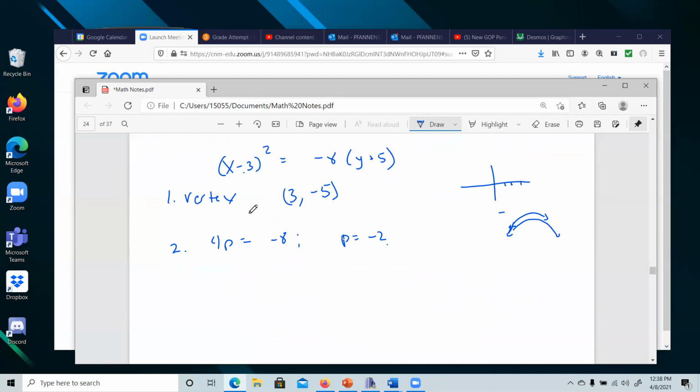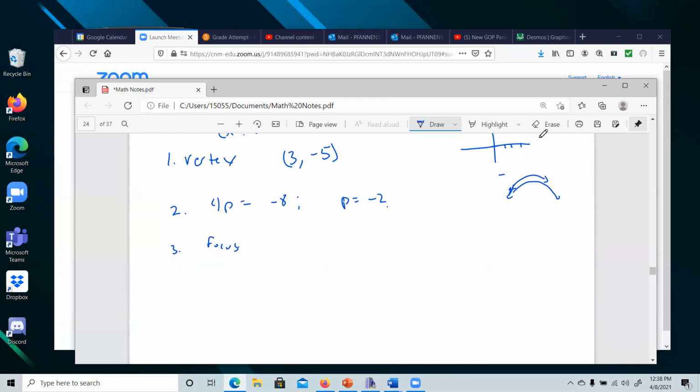Okay, let's see here. Focus. So remember, it's p units away from the vertex. So let me make a better drawing. We're going to be in quadrant 4, so I'll try to draw it so that it focuses the action over at quadrant 4. X, Y. So where are we? 1, 2, 3, 1, 2, 3, 4, 5.